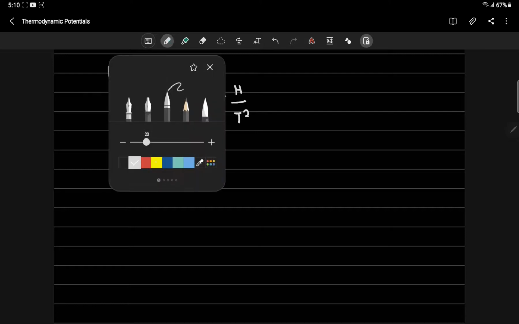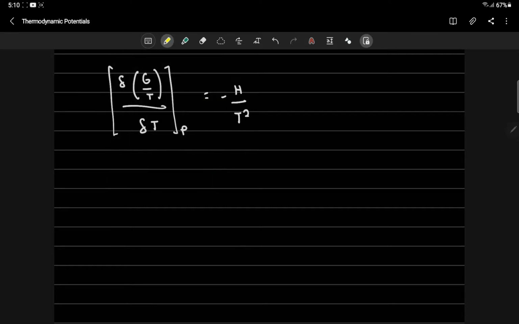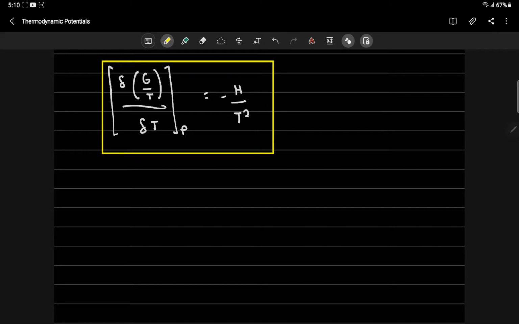So yan yung tinutukoy natin na temperature dependence of change in delta G or change in G.